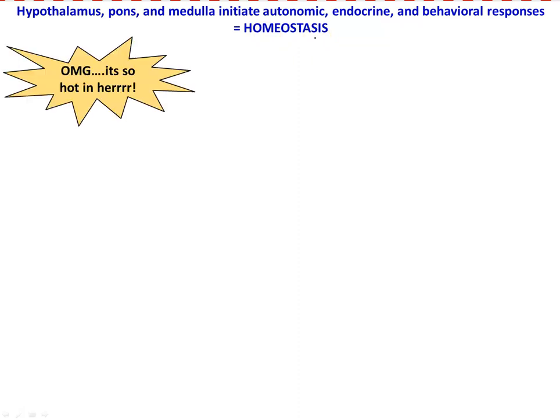All right, so let's go through a specific example that shows you how the hypothalamus, pons, and medulla oblongata can initiate both an autonomic response that involves endocrine input and behavioral input in order for us to maintain homeostasis. Now, I'm going to start off with my specific example. Oh my God, it is hot in here. And the valley gets really hot. So I know you folks know what I'm talking about.